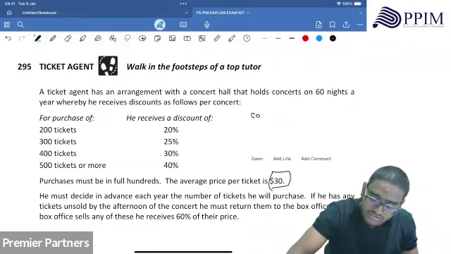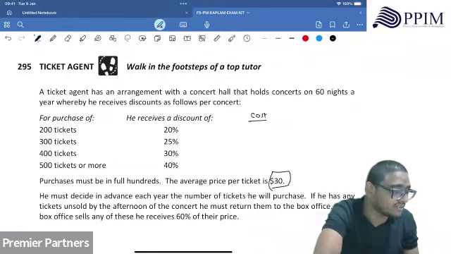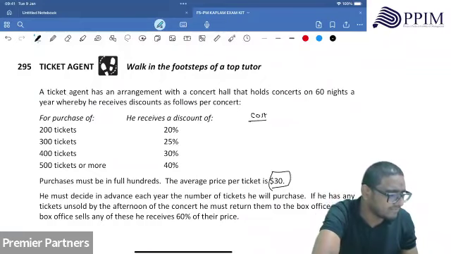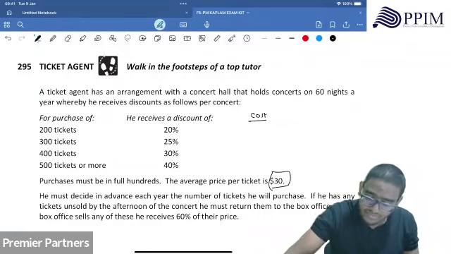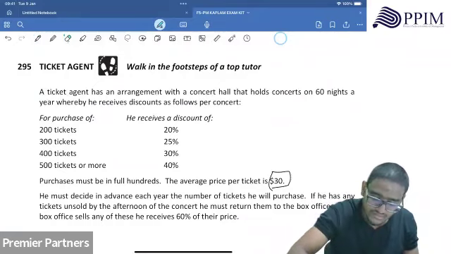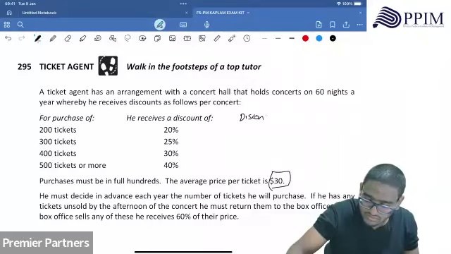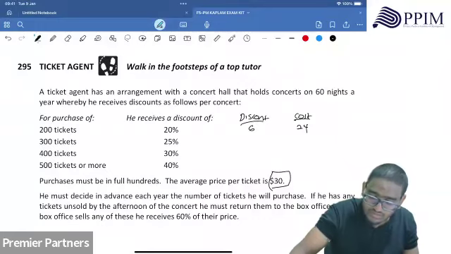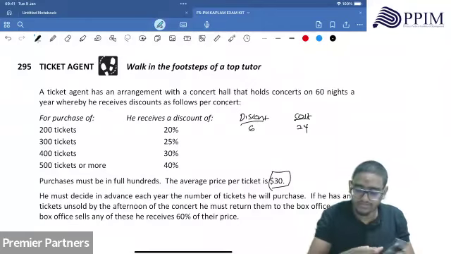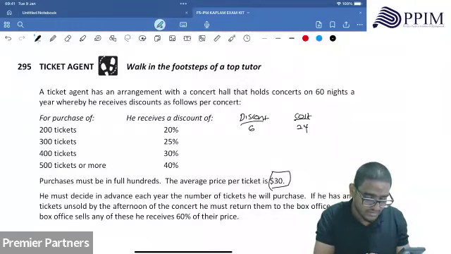So if you look at his cost for these tickets, an easier way, let's see, discount and cost to him. 20% of 30 is a $6 discount, so you get it at 24. 25% of 30 is 7.5 discount.